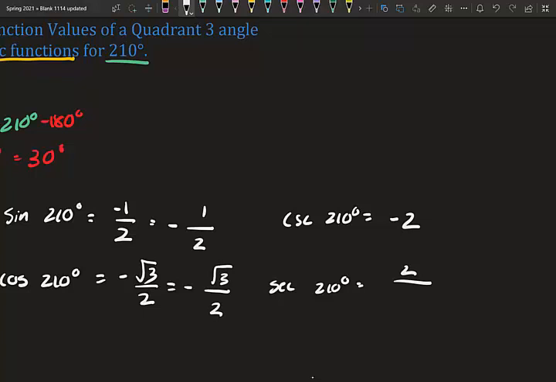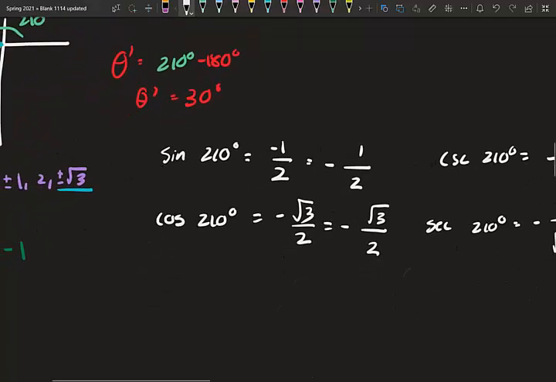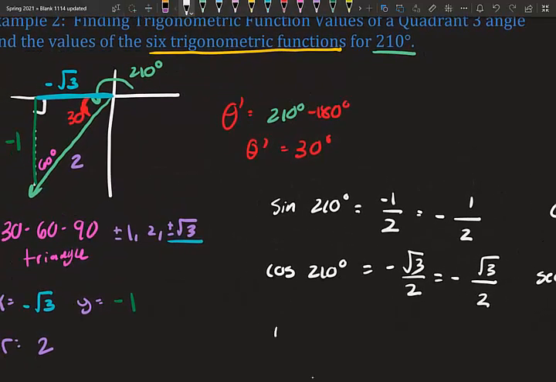So when we flip it, we have 2 over square root of 3, so we rationalize our denominator. We'll have negative 2 square root of 3 over 3. Now we have tangent 210. That's opposite over adjacent, so negative 1 over negative square root of 3.